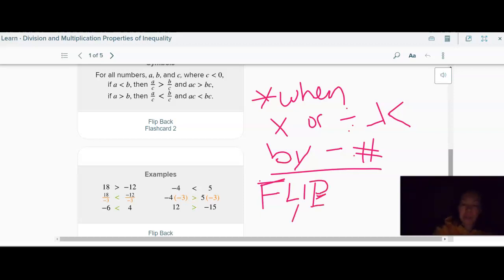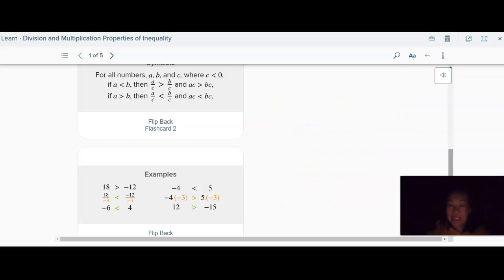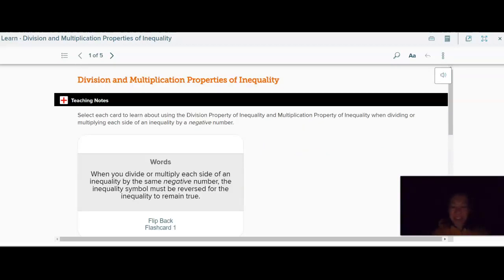Let's see if this will work better. Okay, flip the symbol. See if you remember what that means.